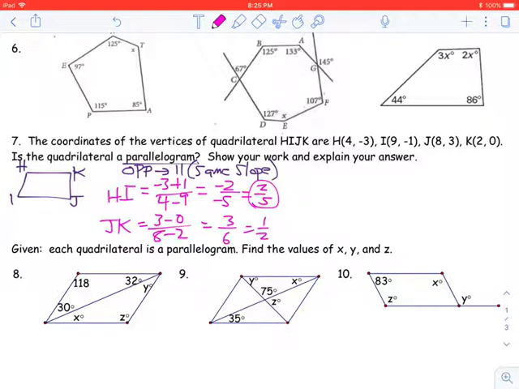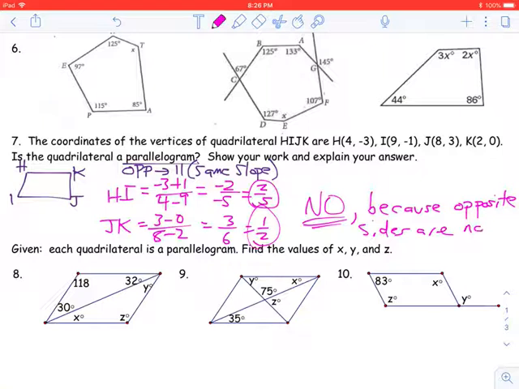Well, that's 1/2. So when you look at those two, I'm going to double check my work here, but it looks like those are not a parallelogram because opposite sides are not parallel. So I didn't even have to find that last pair of sides because I already found HI and JK were not parallel.